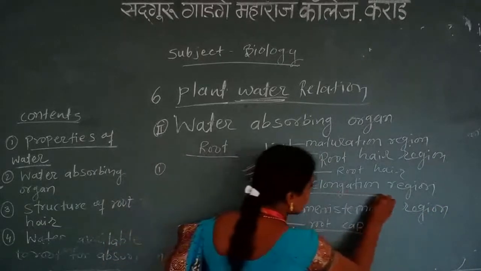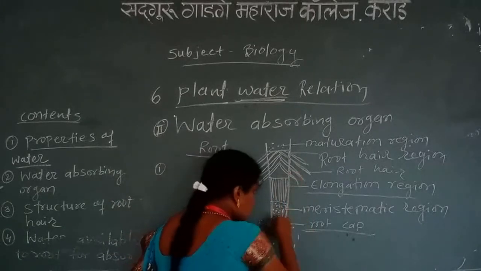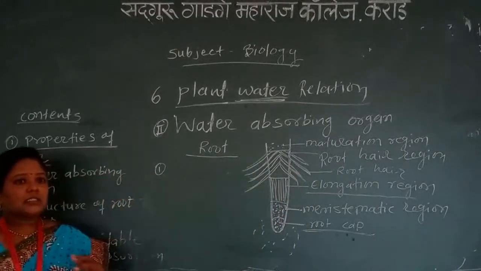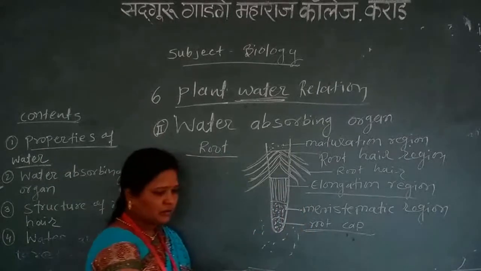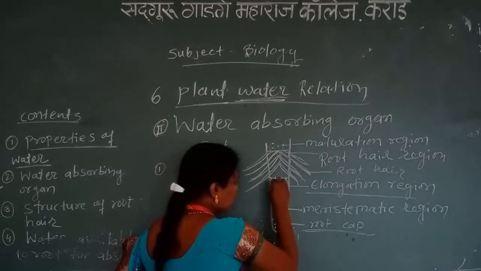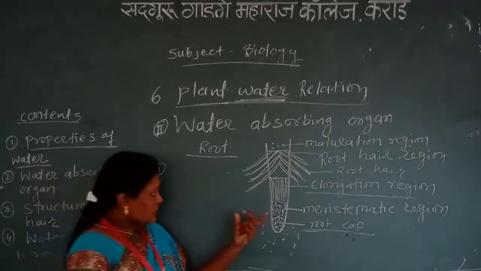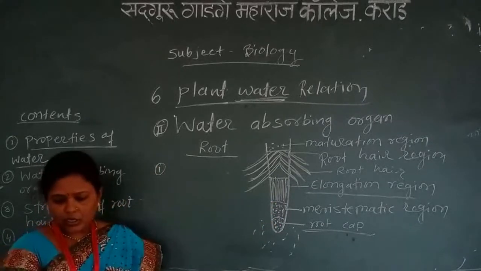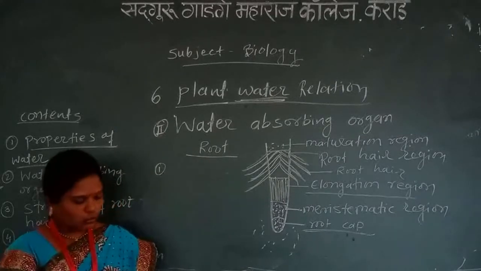Then next one is elongation region. This region is made of newly formed cells and they elongate rapidly. This region is responsible for growth and increase in the length of root.